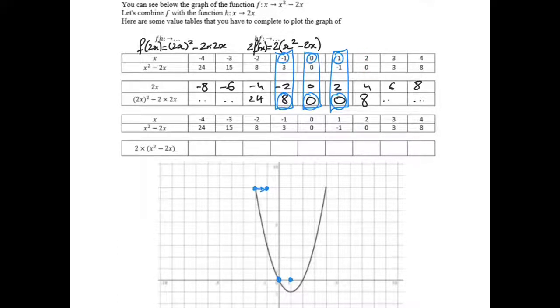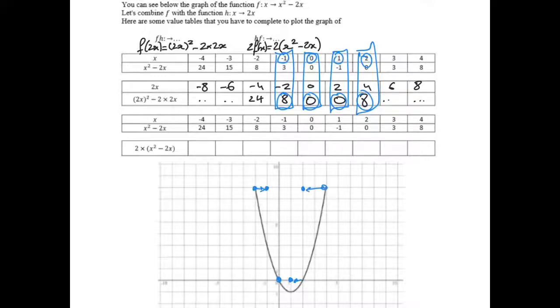You see here that the 0 was coming from there, so our point has actually moved left this time. The next point has coordinates 2 and 8, so we have 2 and 8 right there. And this 8 was coming from here, and because this 2 has been multiplied by 2 to give a 4, it's this point here that has become this one. So on the graph, it's this one here that moved this way.